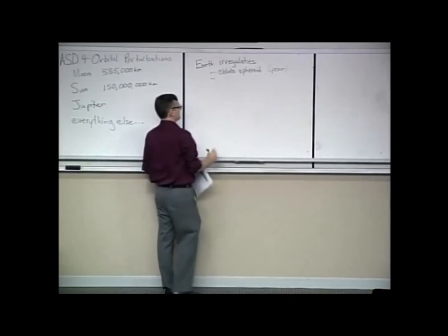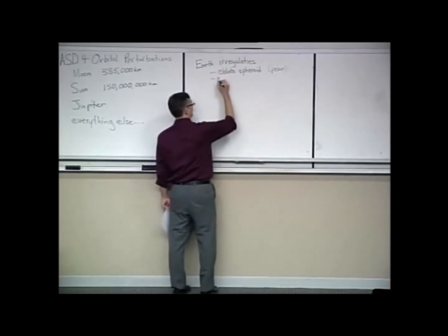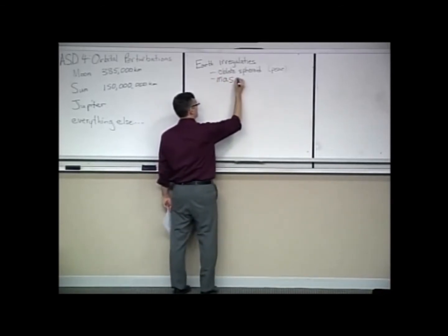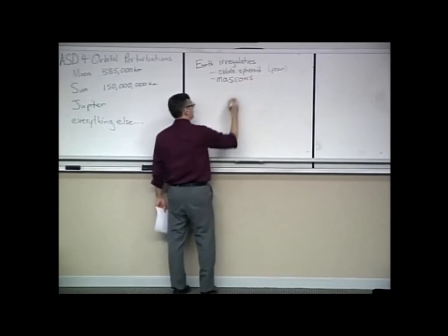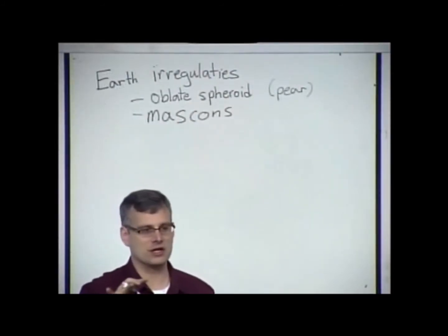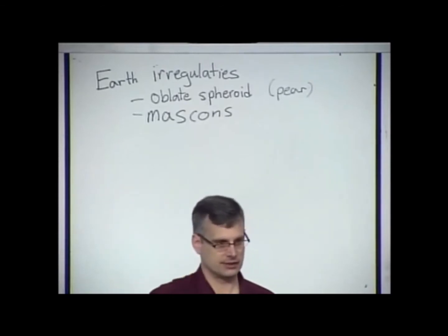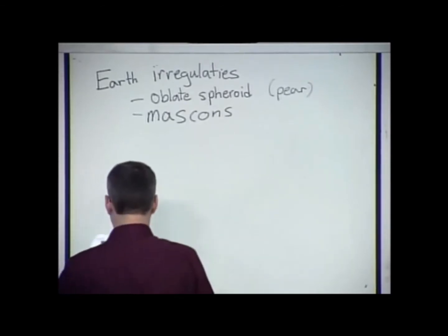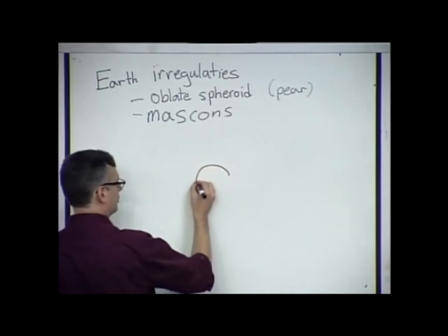So, Earth irregularities. The other irregularity is something called Masscons. Masscons are regions on the Earth that have different densities. For example, let's take a look at the polar view of the Earth.